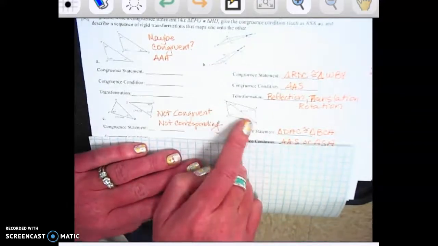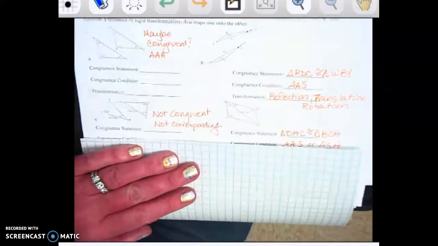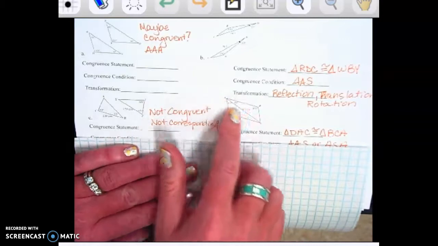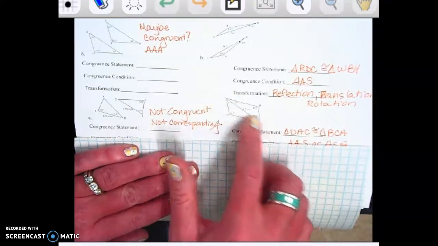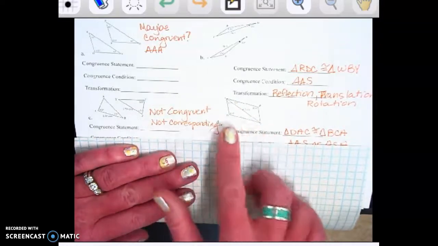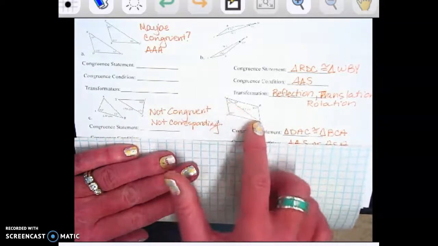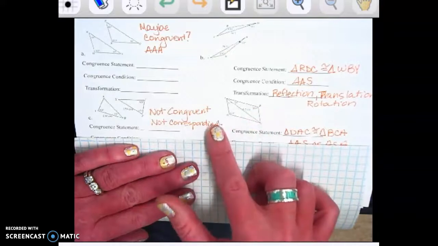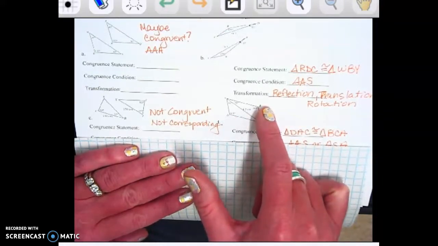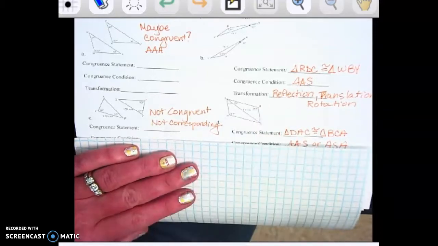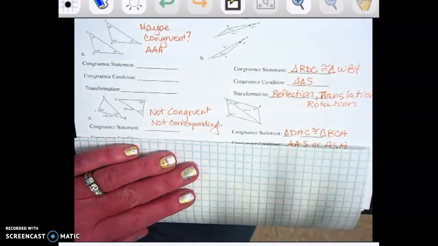All right, part D. So this is the first time you've seen this. You see how these two triangles are drawn, where they're having this, what we are going to call shared side. This middle piece is part of both triangles. It's part of the triangle on the left, and it's part of the triangle on the right. The good thing about that is that it's congruent to itself, right?